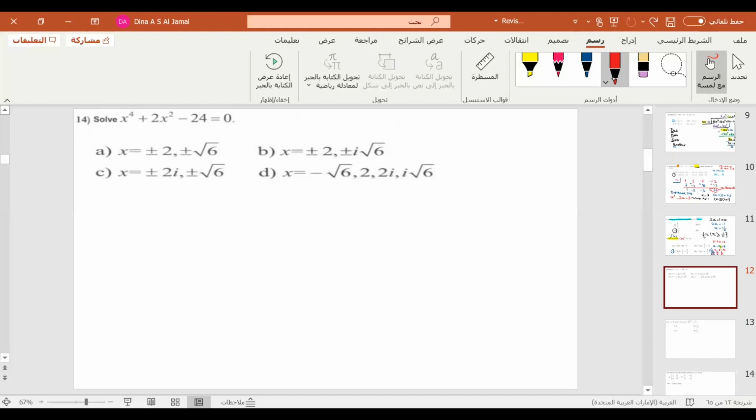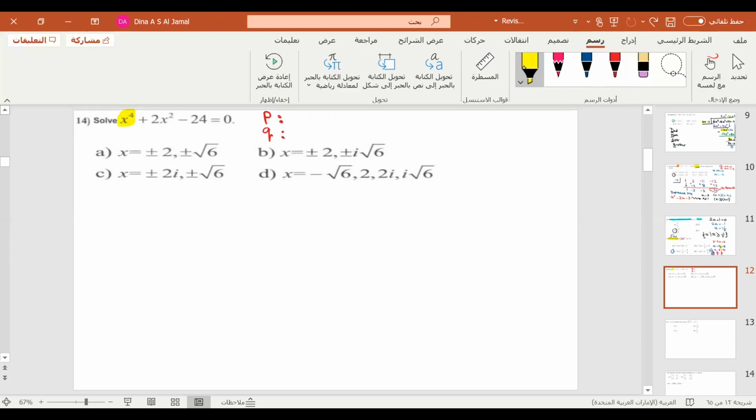If you would like to use the rational zero, look at the factors of P and the factors of Q. Q means the leading coefficient, which is 1, so plus or minus 1. That's it. What about P? P means the numbers that, if I multiply them together, give you 24.